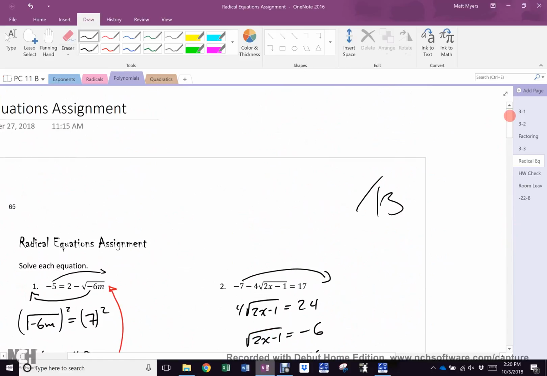Tuesday we start something new. What do we do Wednesday? Test. On what? Factoring, polynomial multiplication, radical equations. Yeah. And I'm putting it on the board so it's 100% official.